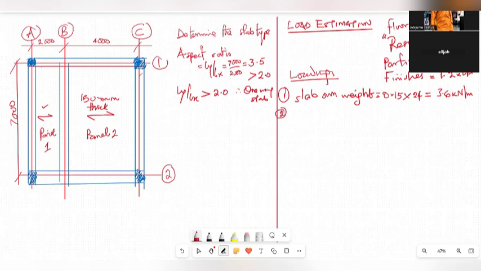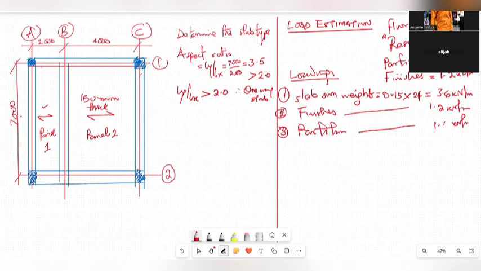Now, the second thing is the finishes, which we said to be 1.2 kilonewton per meter. And the third one, partition, which we said is 1.5. All right.